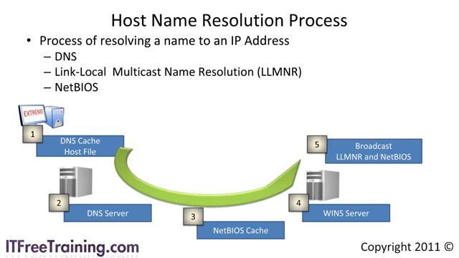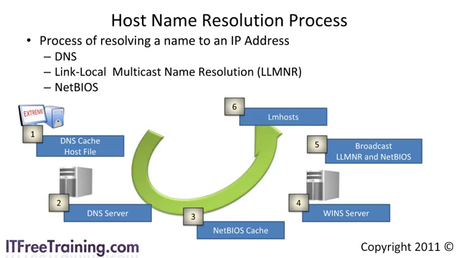When a NetBIOS broadcast is used, all computers on the local subnet will receive the broadcast. This is not an efficient method to resolve host names, and some administrators will switch off NetBIOS so broadcasts like these are not sent out on the network. If no computer responds to the broadcast, the client checks its local LM-hosts file.